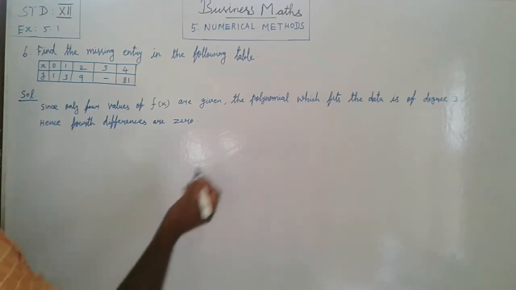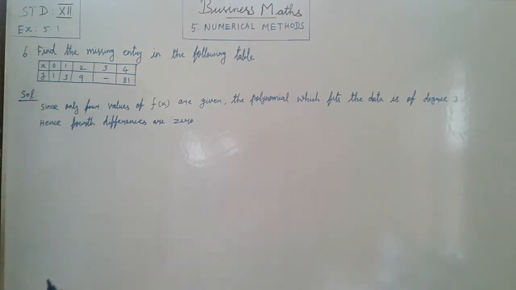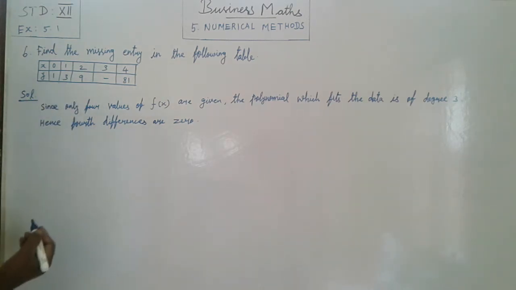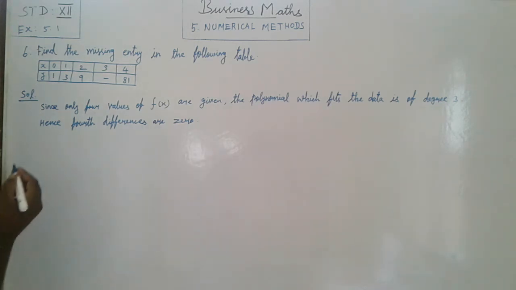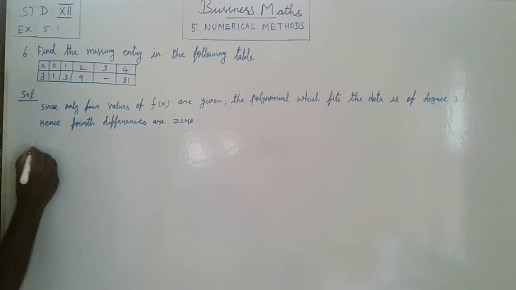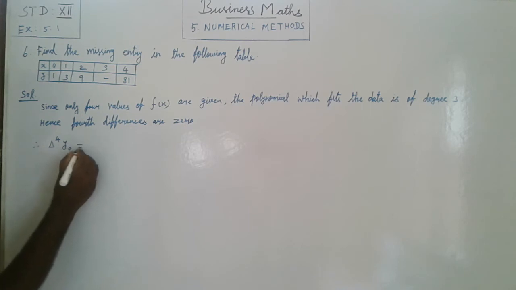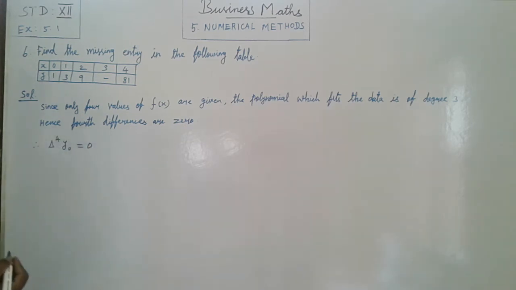The polynomial which fits the data is of degree 3. A degree 3 polynomial fits. Hence the fourth differences are 0. So the fourth difference is 0. Therefore delta power 4 y naught equal to 0. This is the fourth difference.